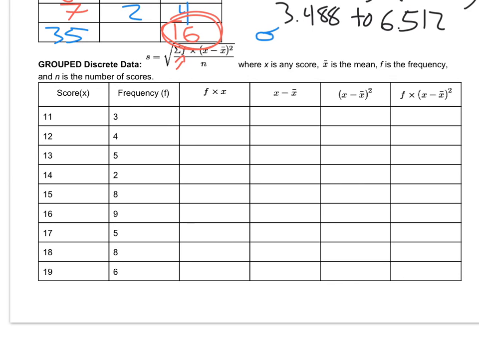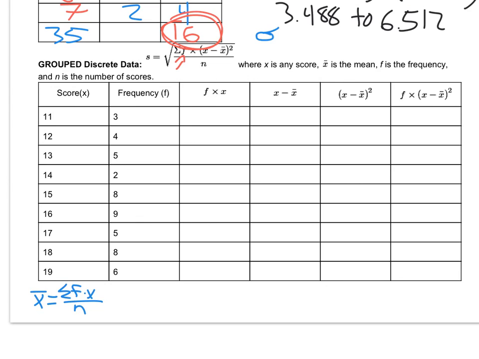I'll show you that. In order to find x bar for this example, we have to multiply the frequency by the score and get that sum, and then divide it by the total, because x bar, or the mean, is the sum of f times x divided by the total number.